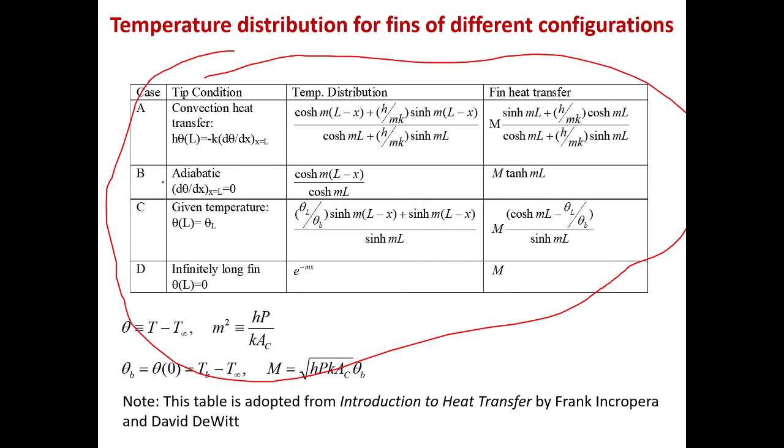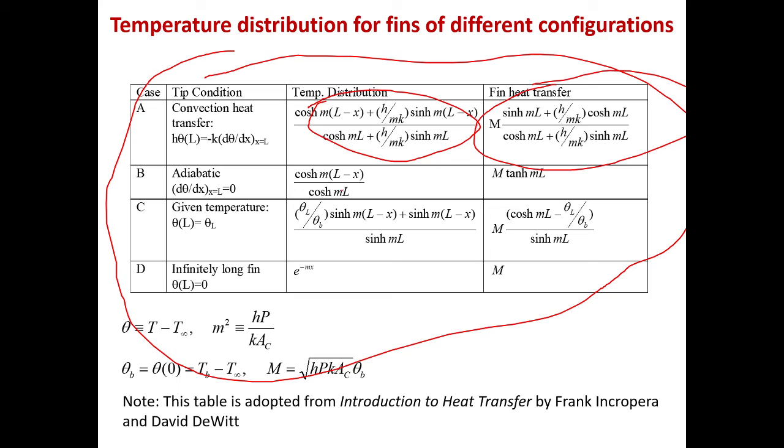In the first case, when the tip condition is convection heat transfer, minus k dθ by dx equals h θ(L); the temperature distribution formula is written in that diagram, and the fin heat transfer formula is here.